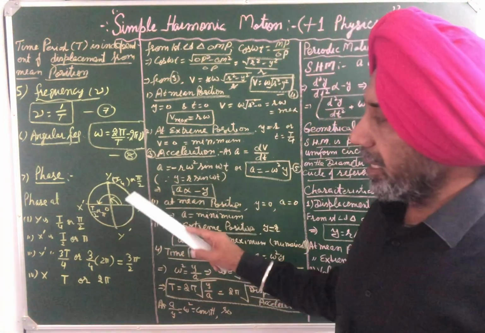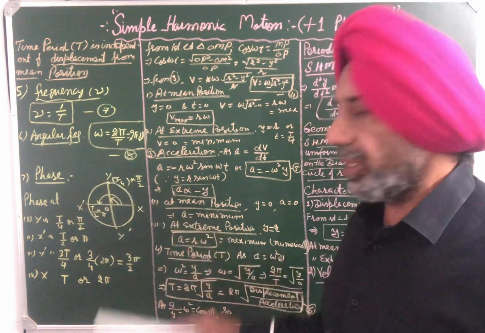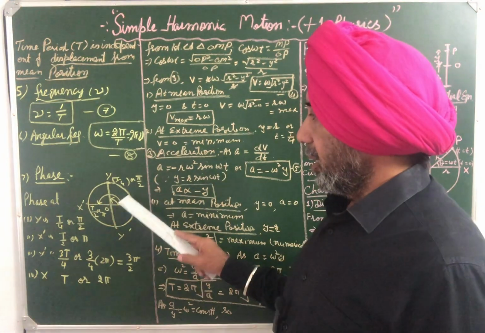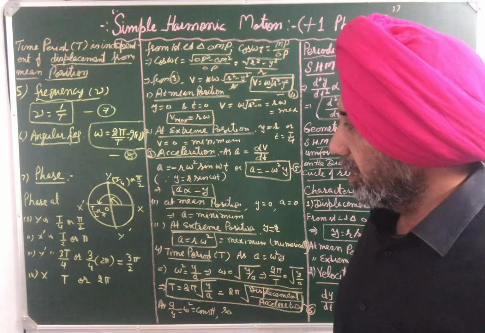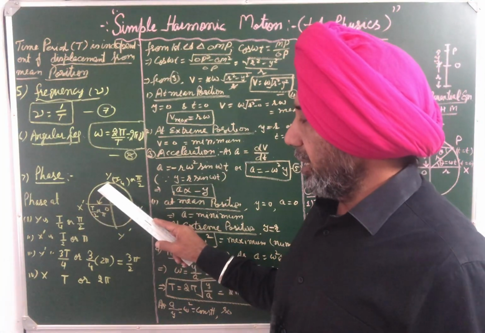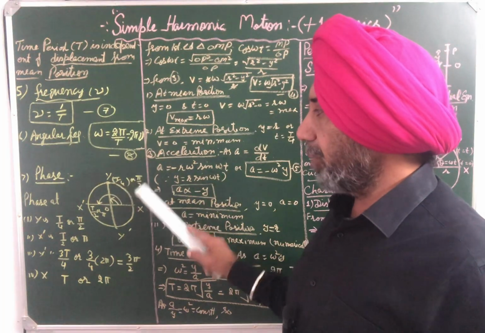So phase of a particle is equal to a fractional multiple of time period T or the corresponding phase 2 pi. So at y it will be 1/4 of T or 1/4 of 2 pi, that is T by 4 or pi by 2.